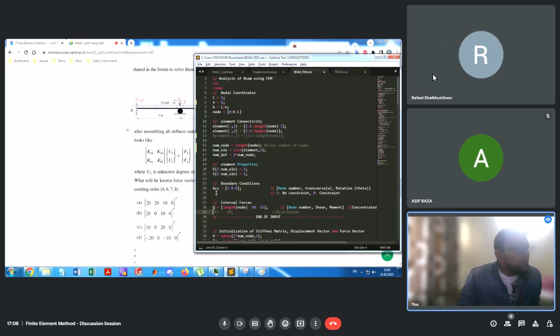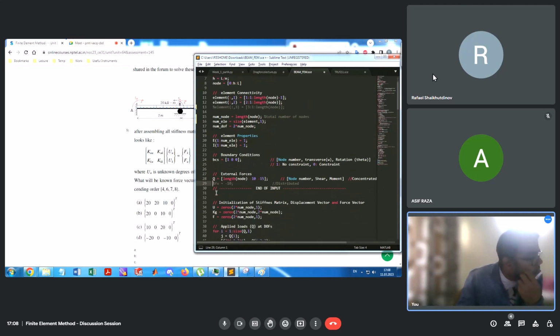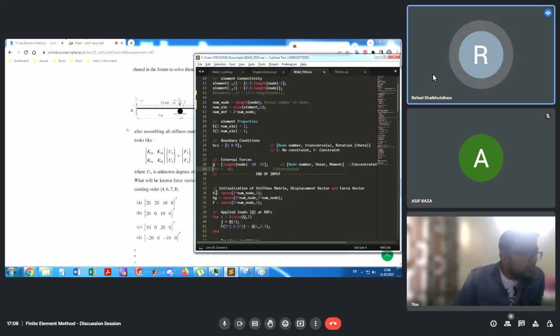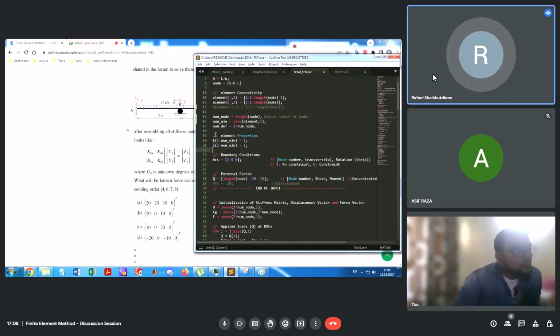So the problem is made like that. You have to modify the code accordingly. In this part, I thought how I need to fix the code to have each Q. I believe I need to use a distributed load for each element here.